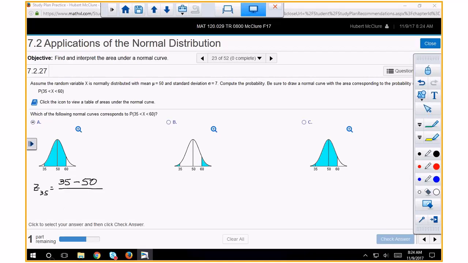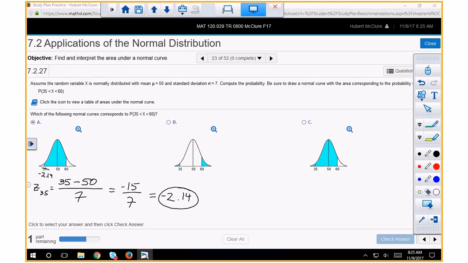35 minus 50 over 7. And 35 minus 50 is what? 15? Over 7. So that's 2 and 1/7. Or what does the decimal come out to be? Negative 2.14. Alright, so at this point, you've got negative 2.14.